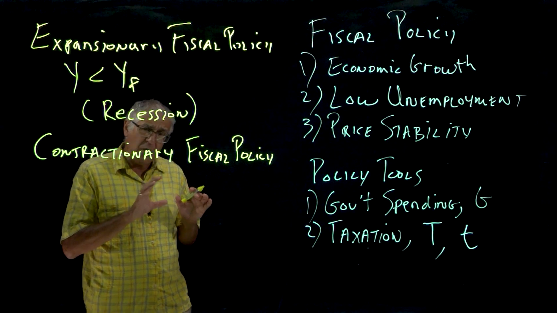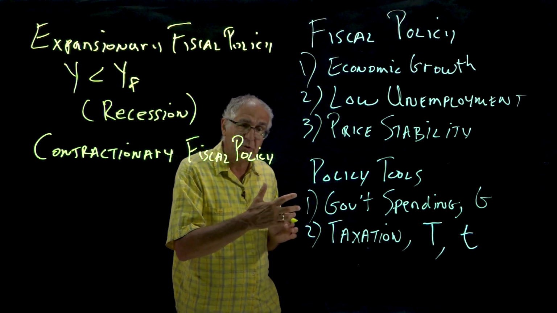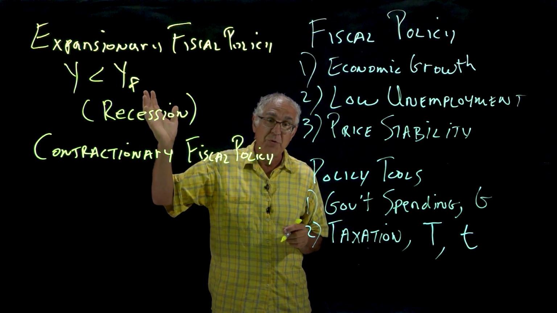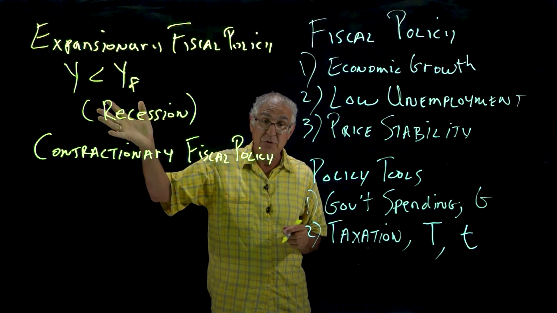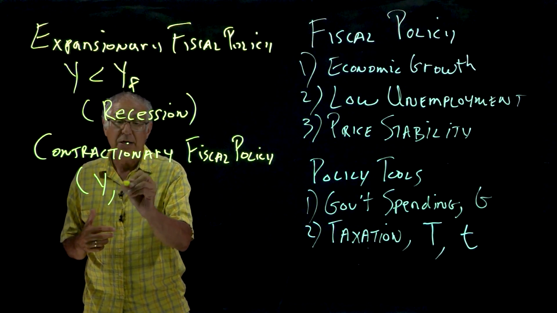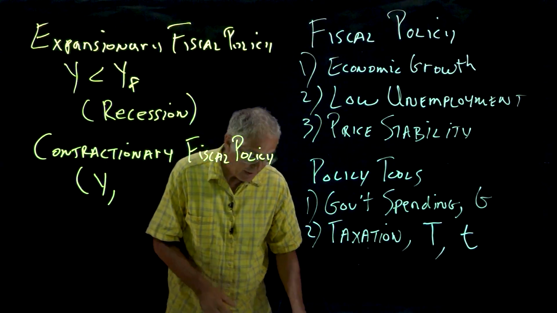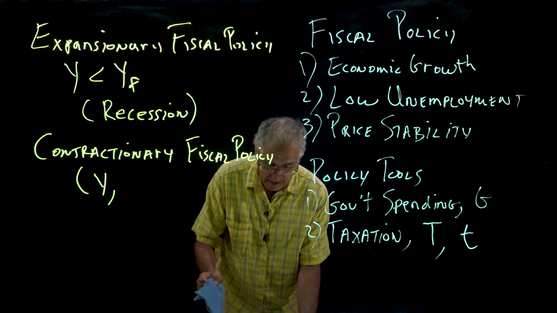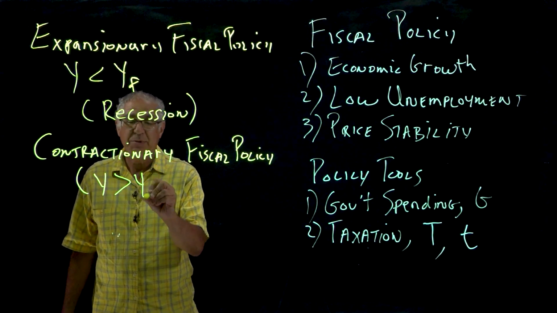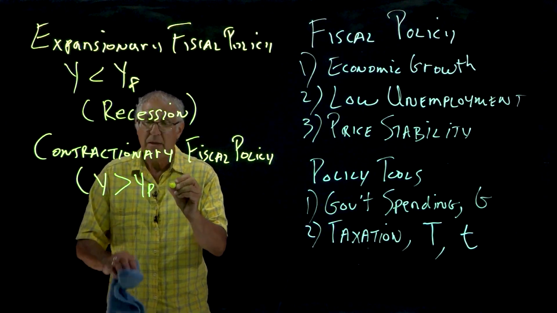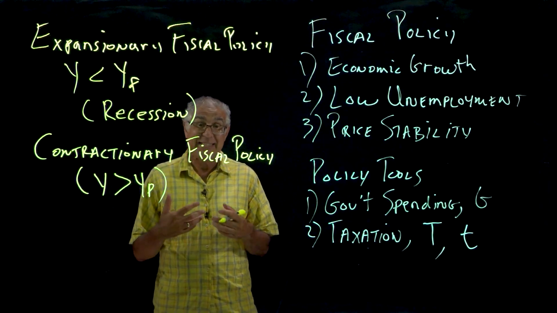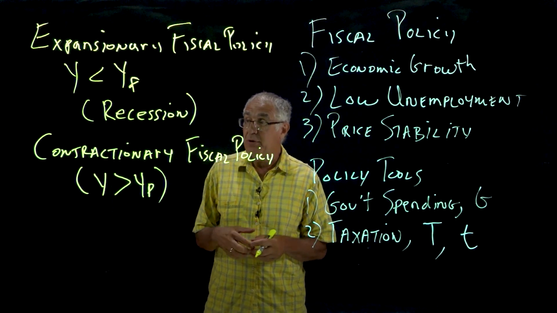Monetary policy and fiscal policy are just two different ways for the government to try to respond to output levels that are less than normal or output levels that are higher than normal. And here, contractionary policy would be used if output was greater than its potential level, in which case you'd have an overheated economy, and the government would take some action to try to reduce inflationary pressures in the economy.